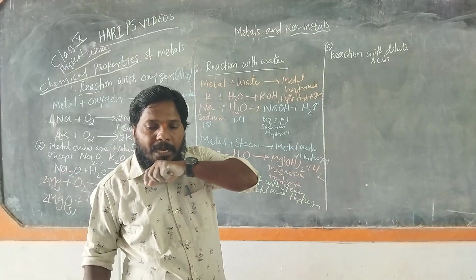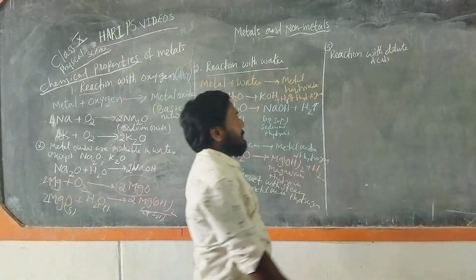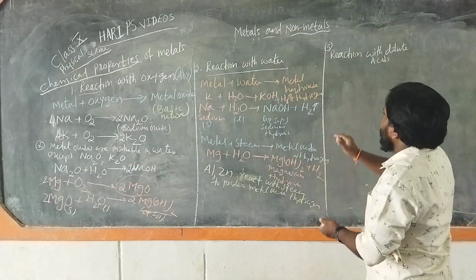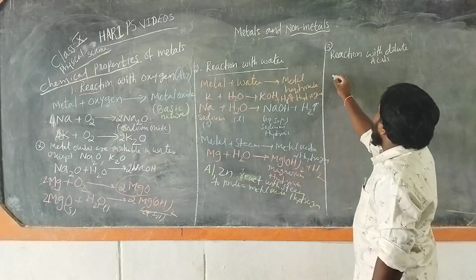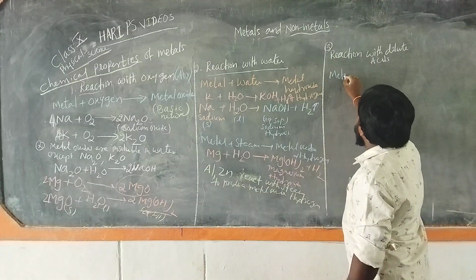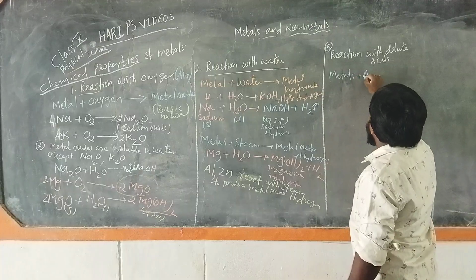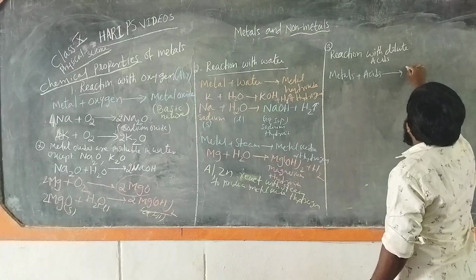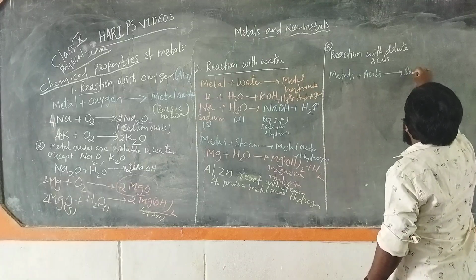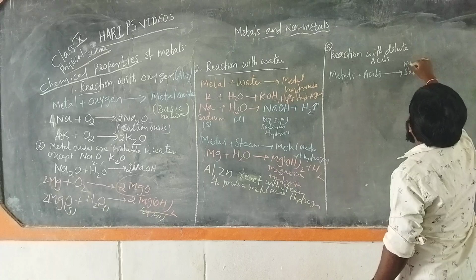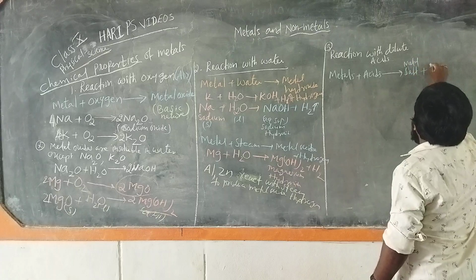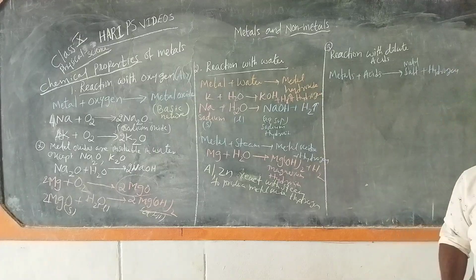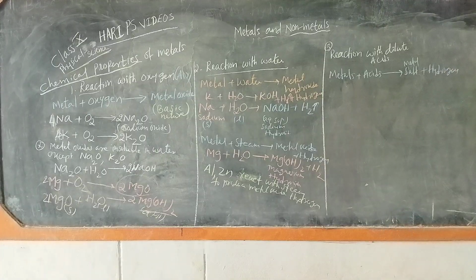Then, coming to the reaction of metals with acids or dilute acids. What happens when metals react with acids? Metals react with acids, produce the respective metal salt and liberate hydrogen.